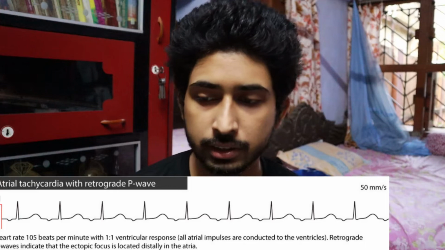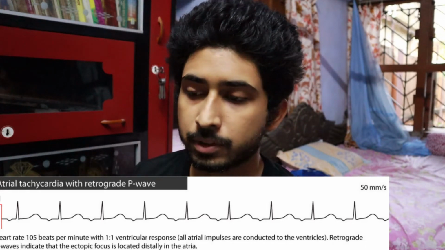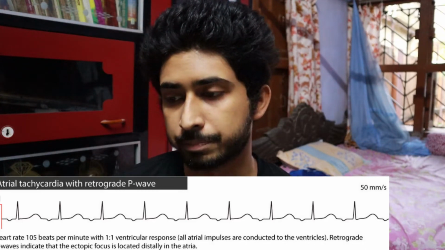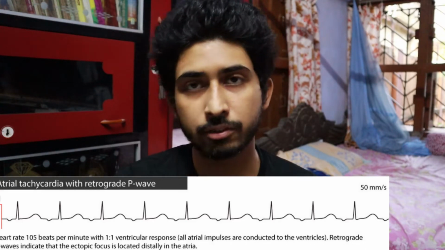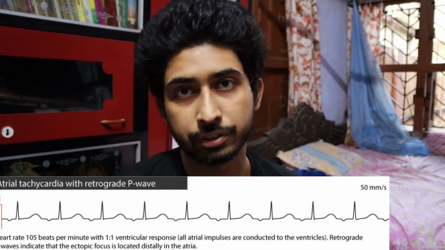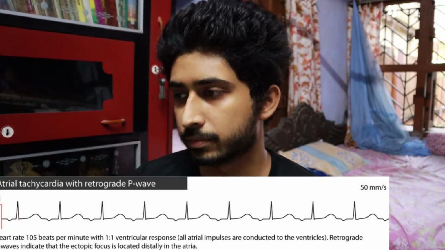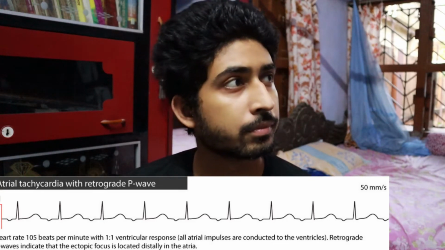Also, you can appreciate that the morphologies of all the P waves are similar, which implies that the impulse is being generated from a single focus, not multiple foci. This point will be helpful to differentiate MAT, multifocal atrial tachycardia, from focal atrial tachycardia. Okay, let's move on to the next ECG.